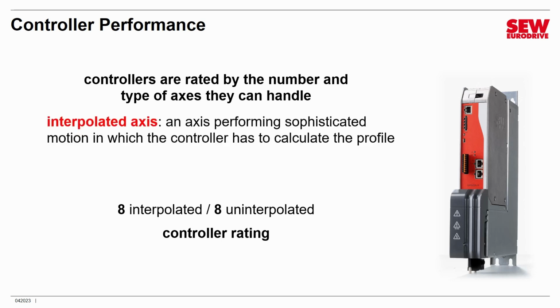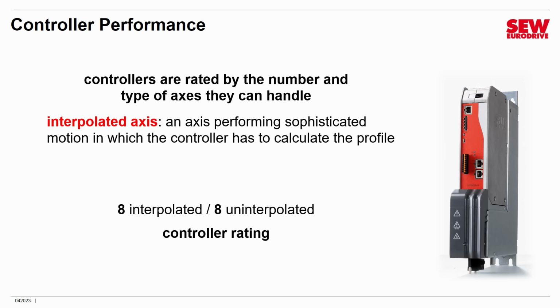An interpolated axis is an axis, in other words, a VFD connected to a motor, controlling something that's generating very sophisticated motion. This might be a robotics application where the robot is performing some complicated path that goes through a bunch of curves at varying speeds. Or maybe it's a camming application where you generate this complex motion path.